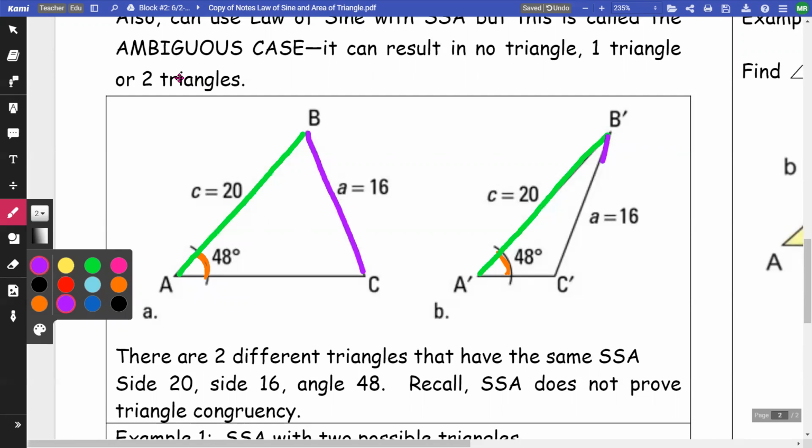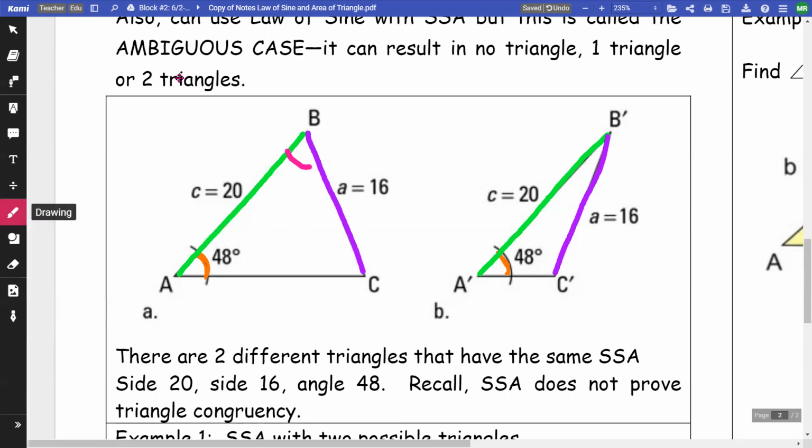It's a 16 here and it's a 16 here. What's changing is this pivot right here, where they're connecting. Think of it as a joint. And as I have those two sides that are predetermined, that side BC can hit the ray AC in different spots, and I can get two triangles, okay?